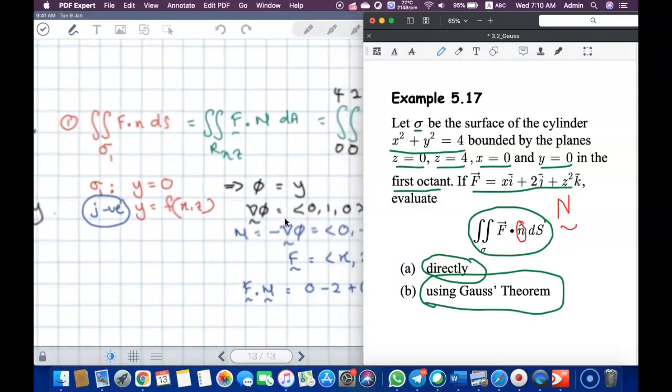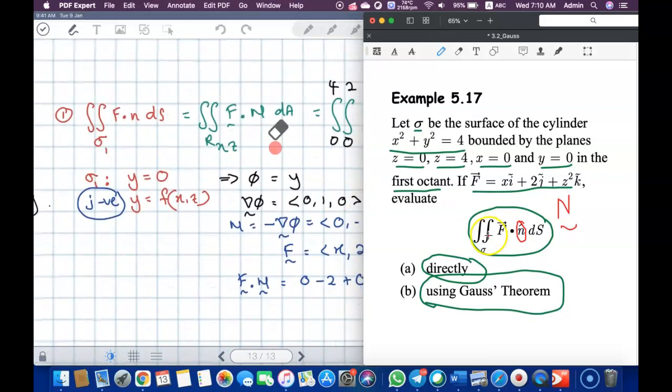Now in order to get the normal vector n, you have to have the gradient of phi, but we have to find phi first, the new form of the equation for sigma 1. You have to make sure that phi is always equal to 0. From y as a function of x and z, in general we make it equal to 0, so y minus f(x,z) equals 0.